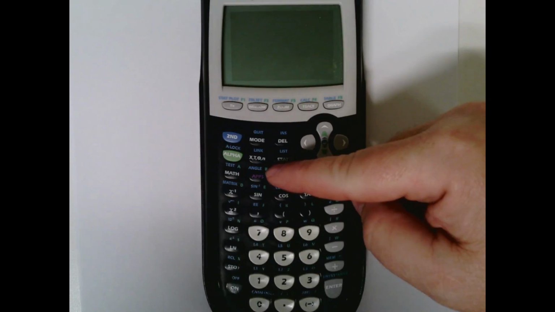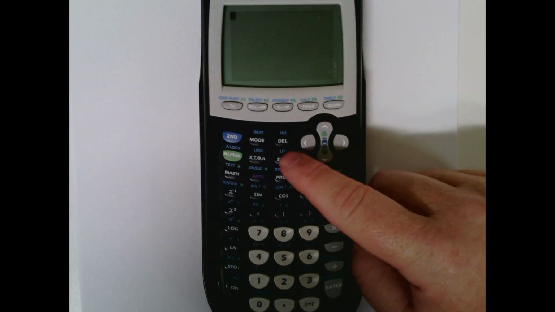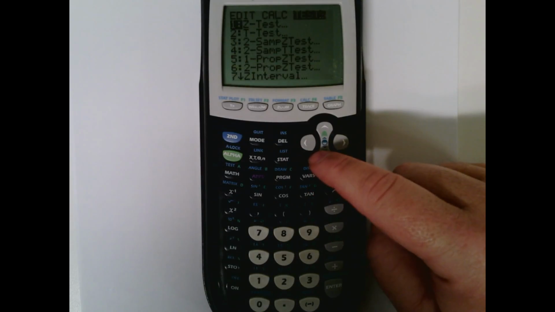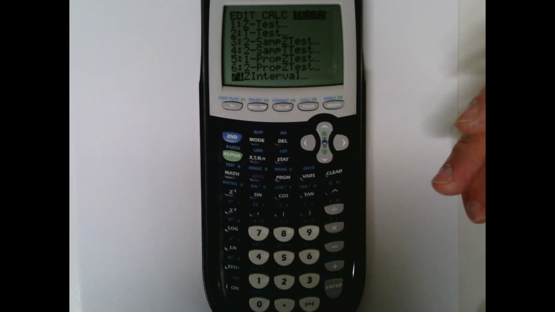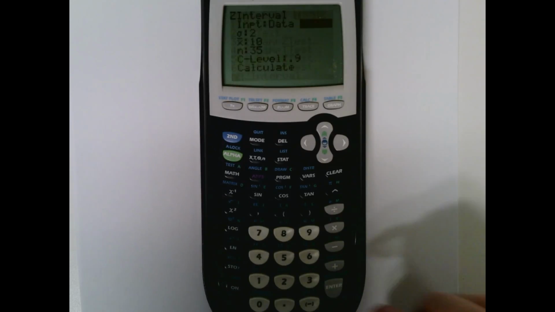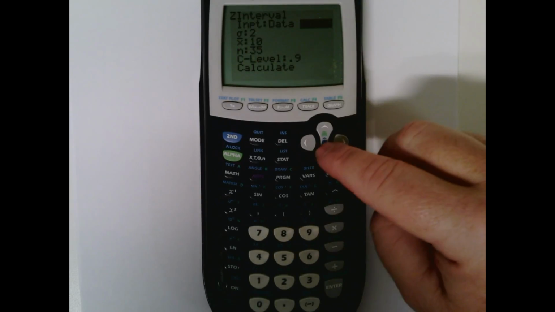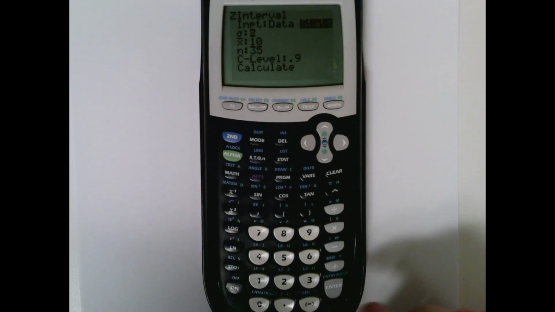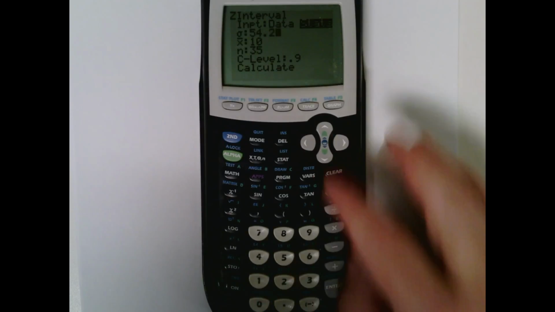Alright, so on your calculator, this TI-83/84, you go to Stat, go over to Test, go down to number 7, Z interval, because we knew the population standard deviation, so it's a Z interval. We're not going to plug it in as data, which we could. We'll put in the standard deviation, which they give us as 54.2 days.